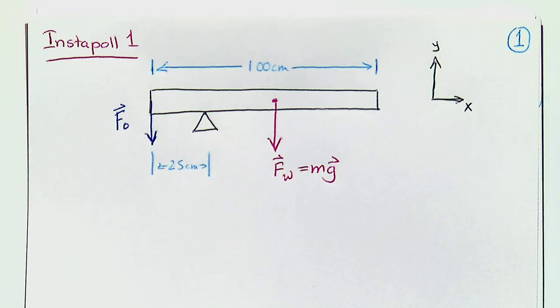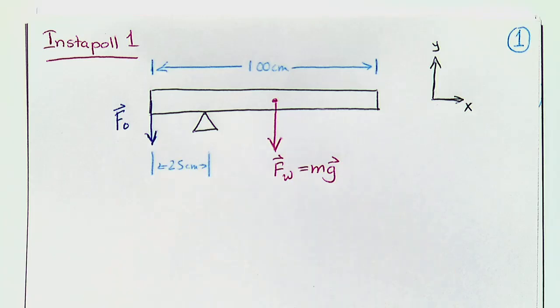So what do we apply here? Here's an application of the sum of the torques being 0. We talked about stability: in static equilibrium, you have to have the sum of the forces being 0 and the sum of the torques being 0.